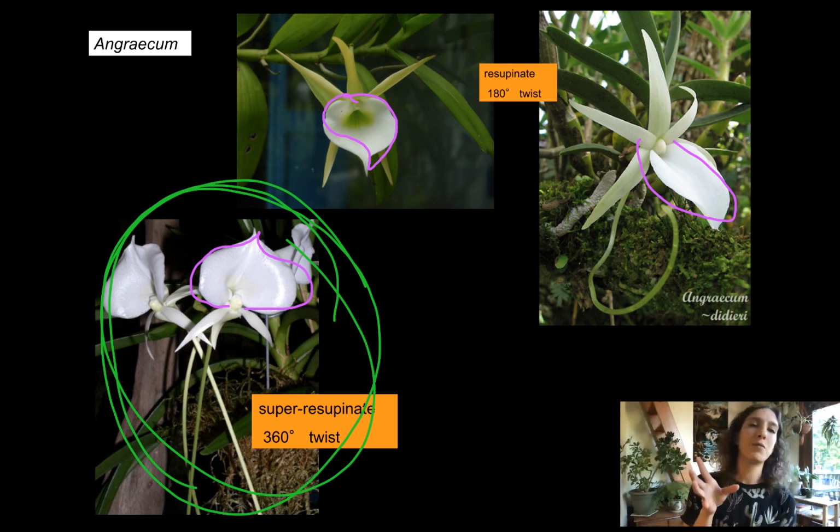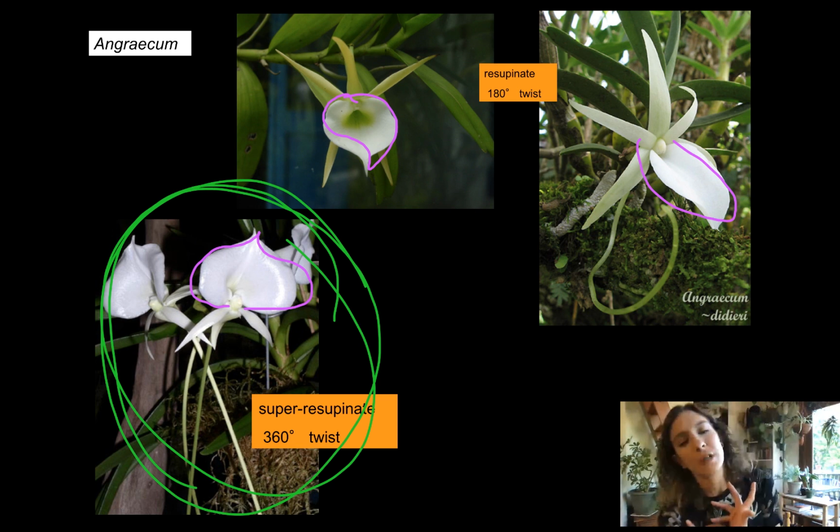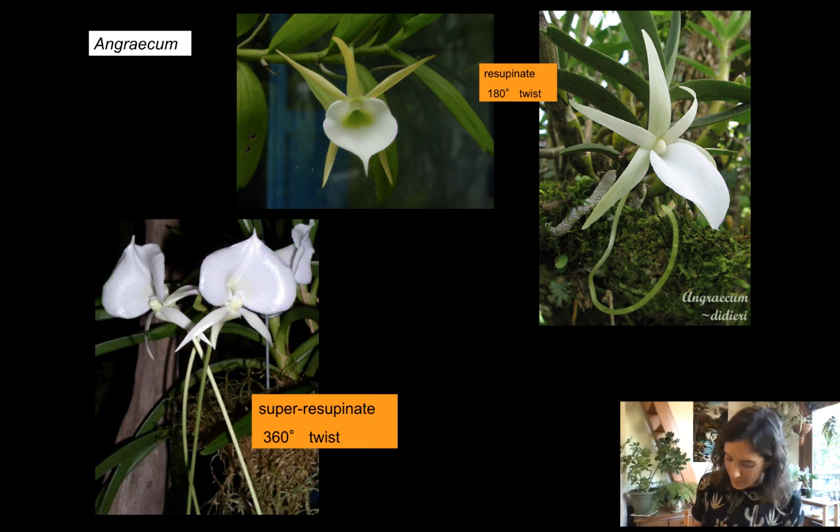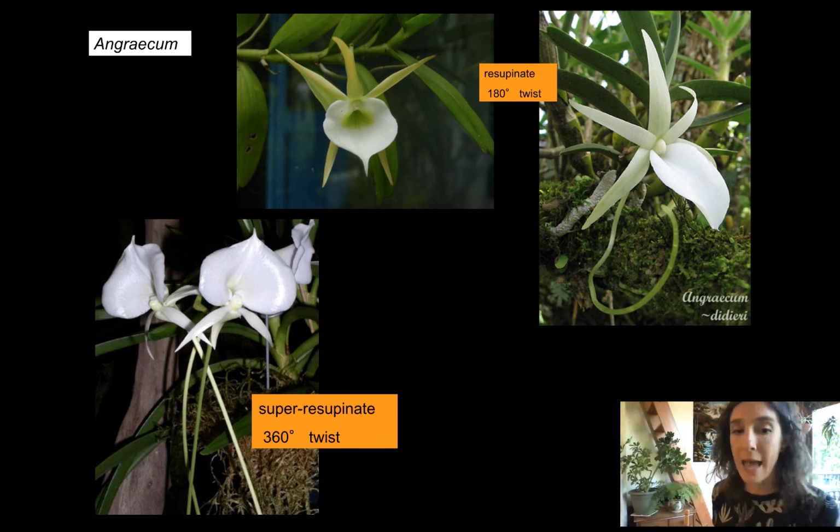So instead of evolutionarily just not twisting 180 degrees developmentally, they do an extra 180-degree twist for no apparent reason. And this is sort of why you see some academic arguments in the literature against intelligent design and creationism using this Angraecum species that's super resupinate as an example of that.